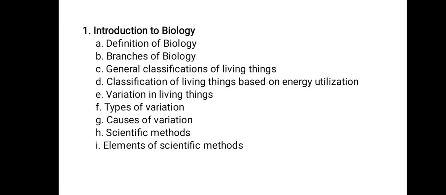Then E, we talk about variation in living things, and that is how living things vary from each other. And then in F, we'll take care of the types of variation in living organisms. And then G is about the causes of variation. And after that, we'll now look into scientific methods and the elements of scientific methods. So that is all about Unit 1.